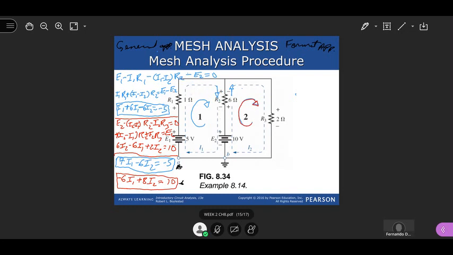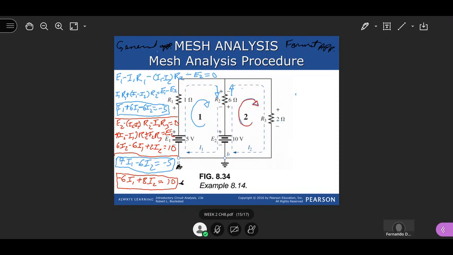In this case, we assign it clockwise for whatever reason, because it's just arbitrary, whatever direction you want. And this one is also clockwise. After I do that, I would assign my voltage, but you don't really need it for this approach. So you assign those two, and then you're going to follow a series of steps.